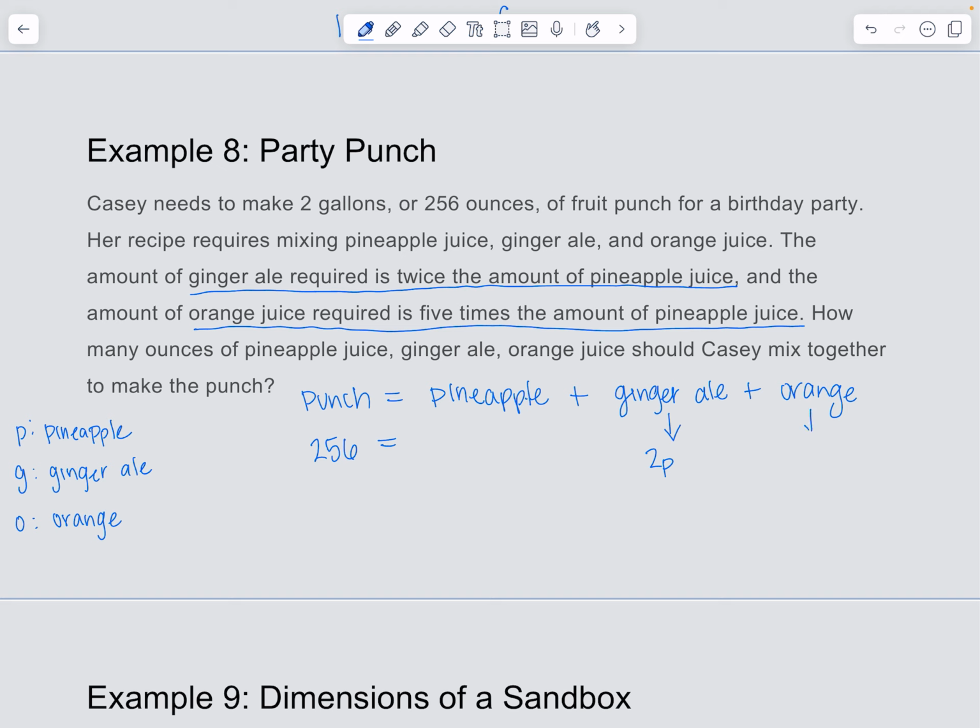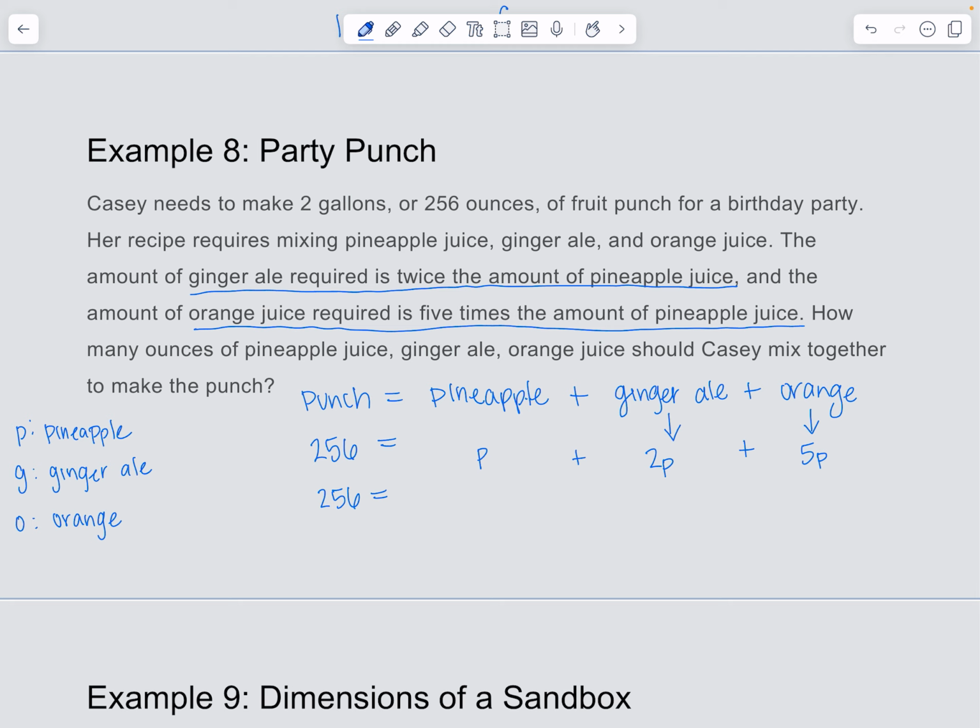So for orange juice, 5 times P. And then the pineapple juice we said was represented with a P. Now, it should be pretty apparent we have P plus 2P plus 5P, all like terms, which makes it really nice for us because now we can add them together.